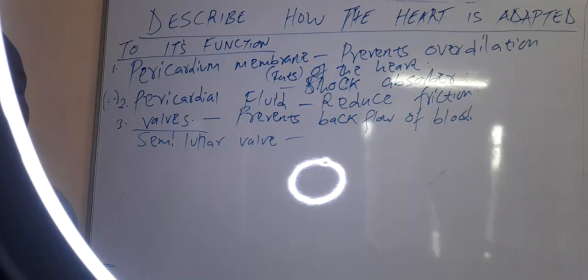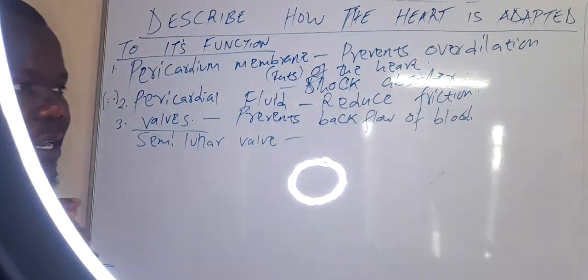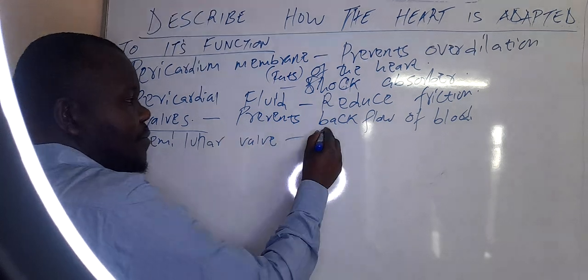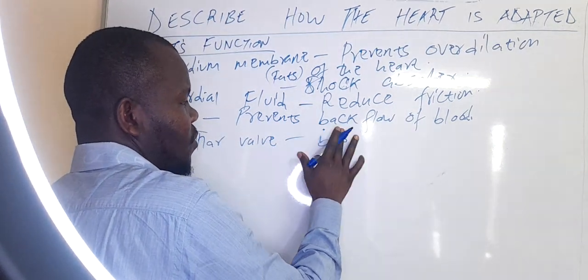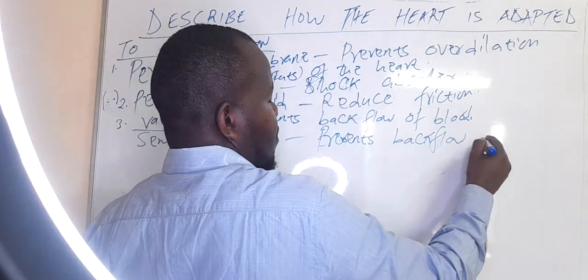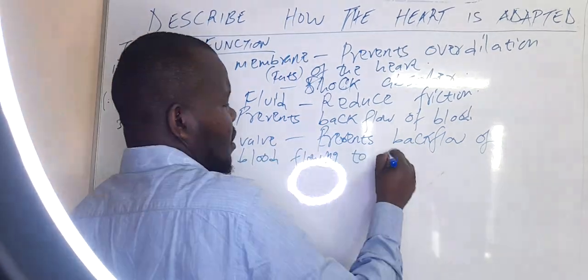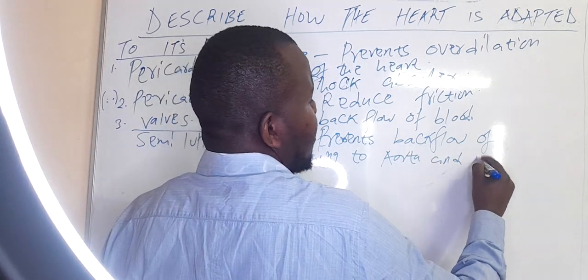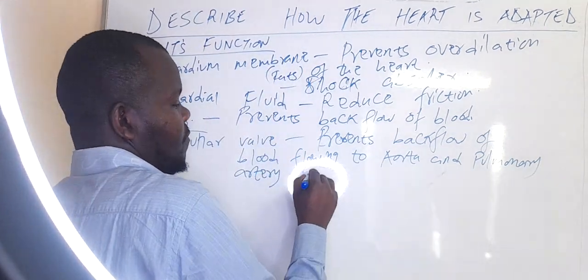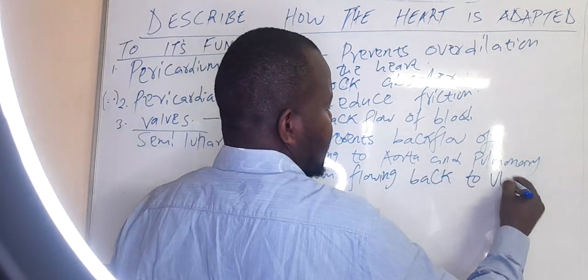The role of the semilunar valve is to prevent the backflow of blood that is flowing to the aorta, and even the pulmonary artery, from flowing back to the ventricles.